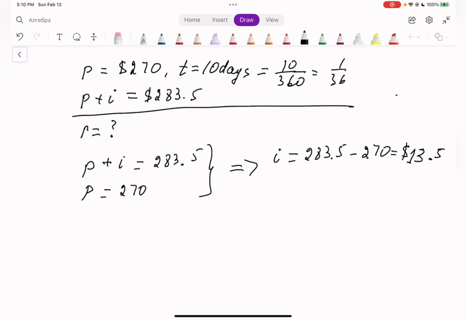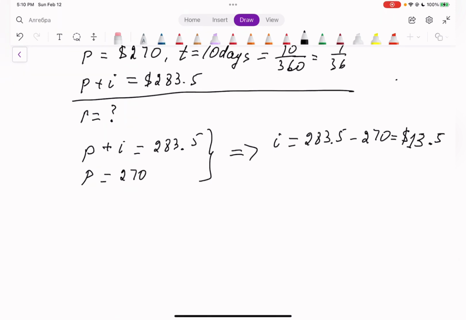Now let's go after the formula. I is equal to PRT. We have I, we have P, we have T, we don't have R. So to find R, this is like in algebra, the equation, R will be our X, right? Since it's all multiplication, I'm going to divide by P and T to get rid of them.